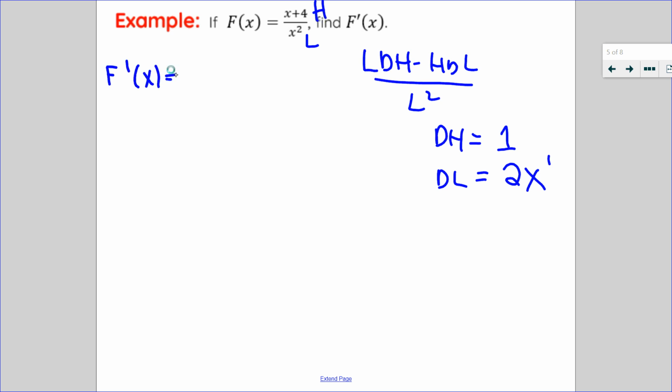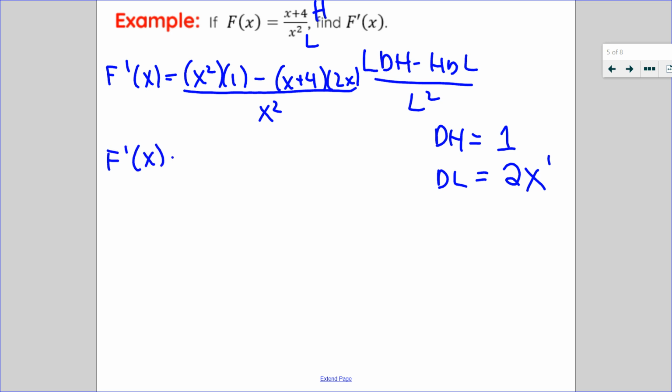So applying the formula, the derivative of f of x is low, which is x squared, d high, the derivative of the high, which is 1, minus high, which is x plus 4, d low, which is 2x, draw a line, and square below. Just like with the product rule, after you take the derivative, you have two choices: either you factor, or you expand and simplify.